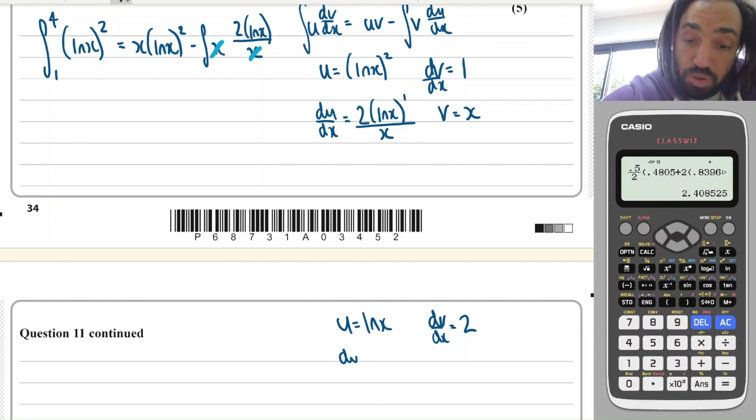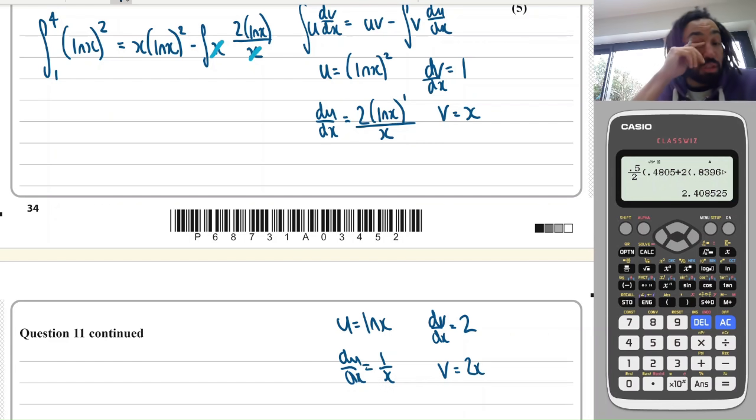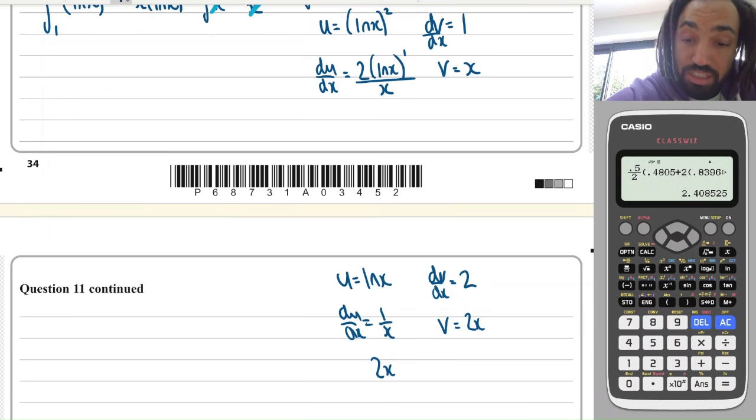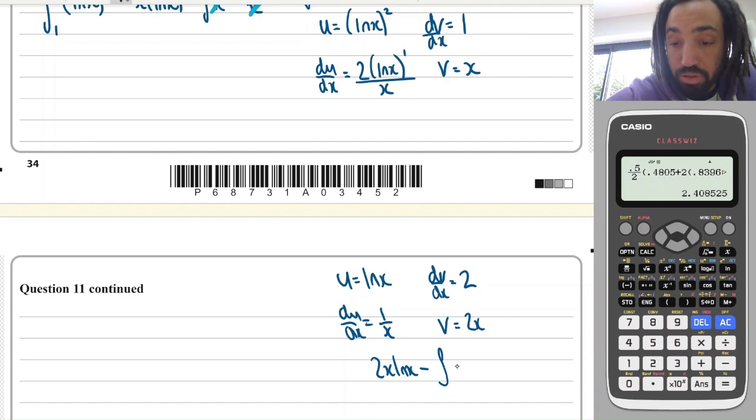Okay, so du by dx will equal 1 over x, and v would equal 2x. So using integration by parts, we times u by v, so I get 2x ln x, and I take away the integral of the bottom 2 times together, which is just 2.